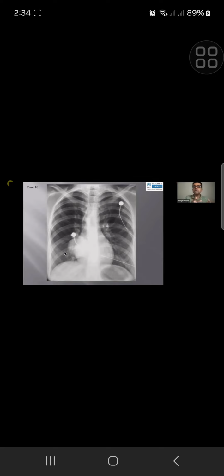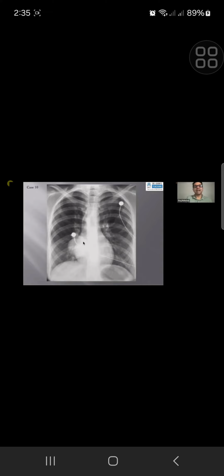You see the margin of a structure in a chest X-ray only if it's outlined by air. You're seeing that margin because it's outlined by the air in the lung. You're not seeing the origin of the aorta here in the heart because there is no air surrounding it. But there is origin of aorta in the heart, isn't it? You cannot deny that it's not there because you're not seeing it. Yes, that makes sense.